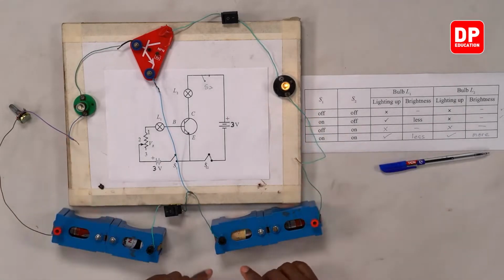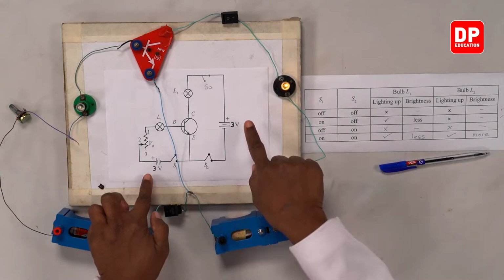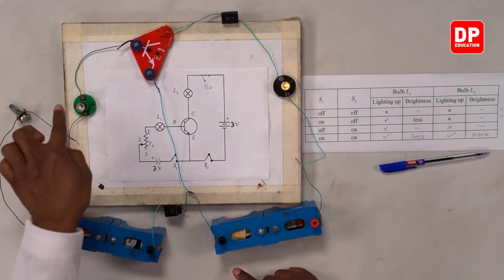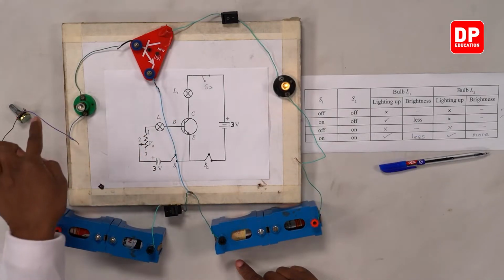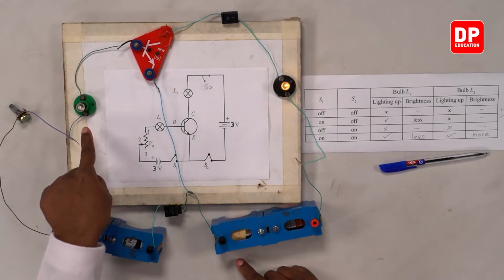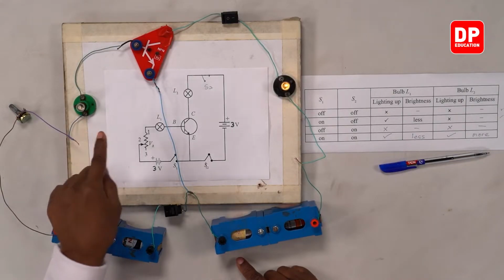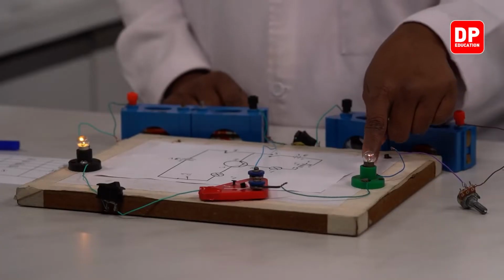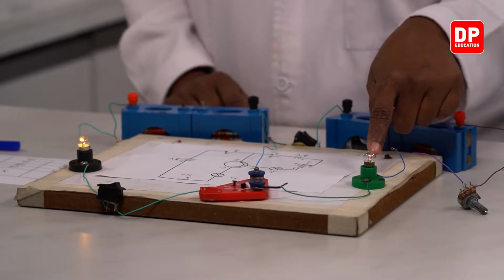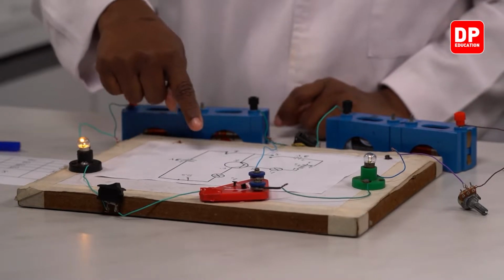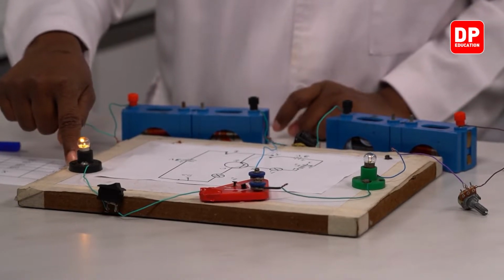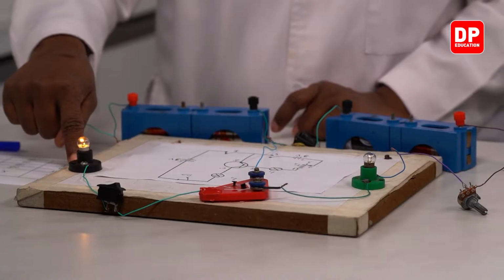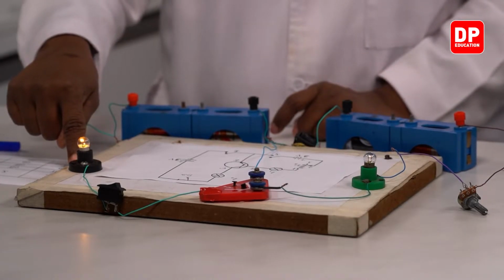Now what can you understand from this observation? We have the same potential difference. Less brightness means only a less amount of current is flowing through this circuit. So here, as I said, is the input circuit. Less current flows through the input circuit, whereas in the circuit where you have L2, the brightness of the bulb is more. That means the current flow is also more.